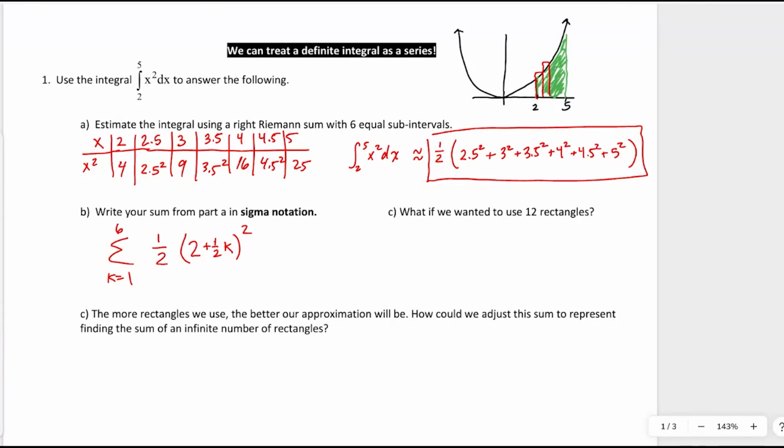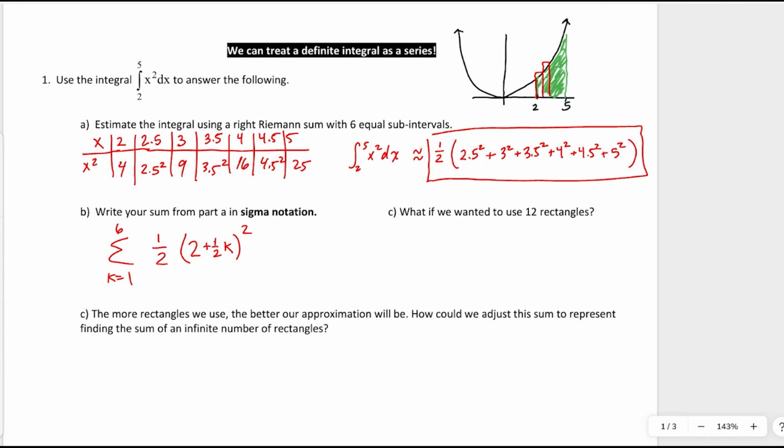Now, the fact that we are going from 2 to 5 is reflected in here, maybe not so obviously yet, but I think you'll see it very soon. It's like, where is the 2 and the 5 in this problem now? And part of that has to do with the fact that we're doing 6 equal subintervals.